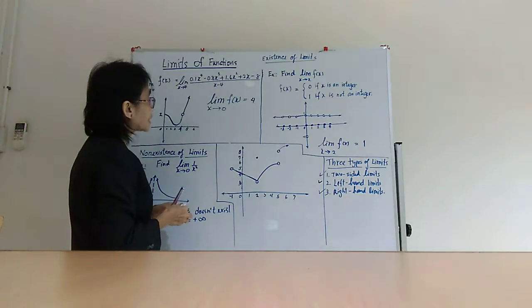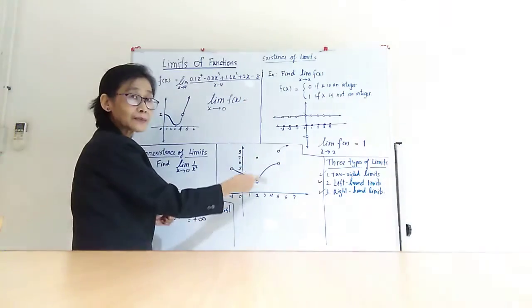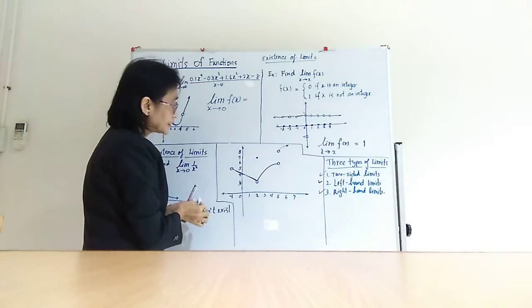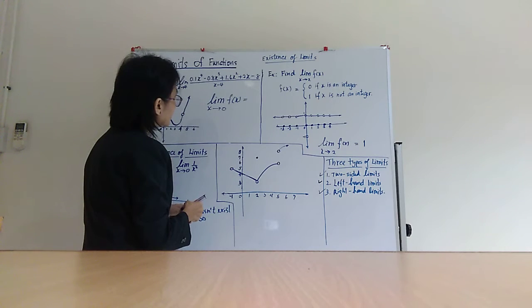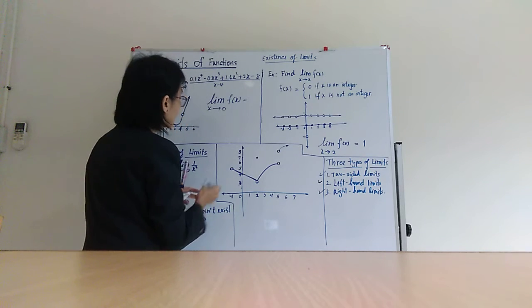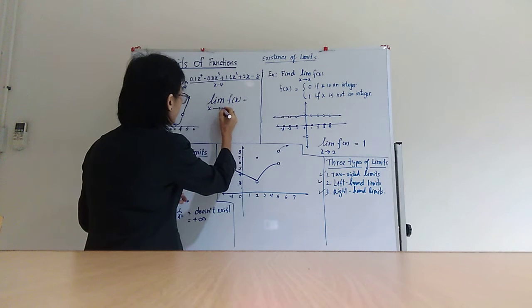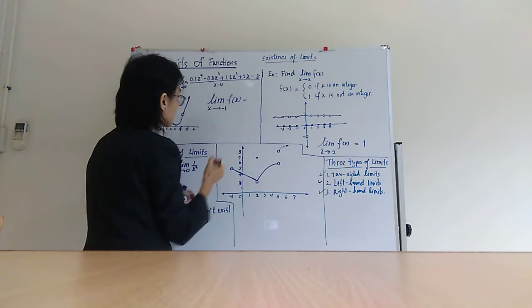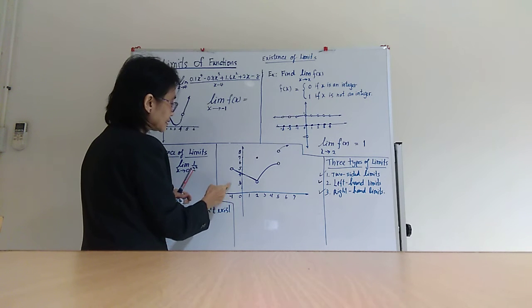Okay, now we try more examples for this. We still use the same graph, okay? If I change to the limit of the function f of x when x approaches negative 1. When x approaches negative 1, you see negative 1, that means this graph, right?